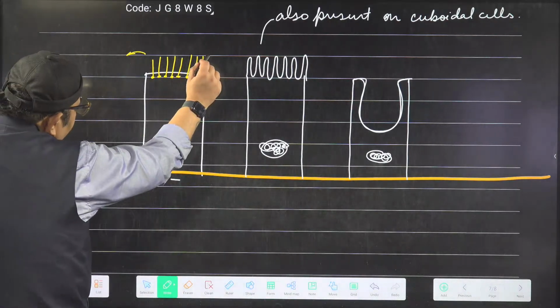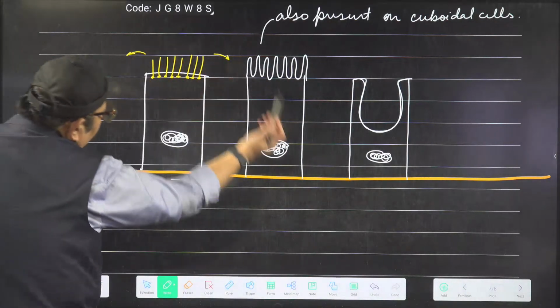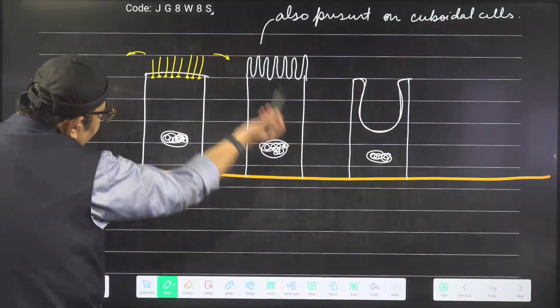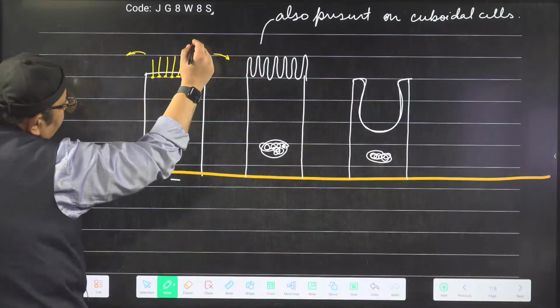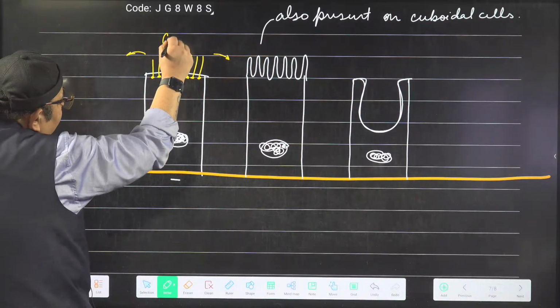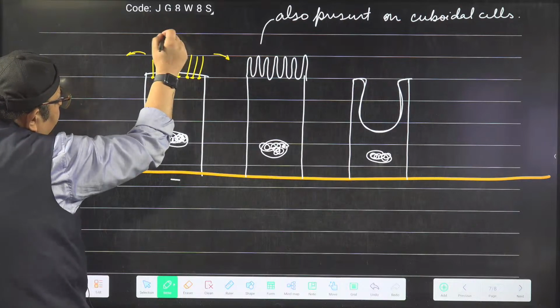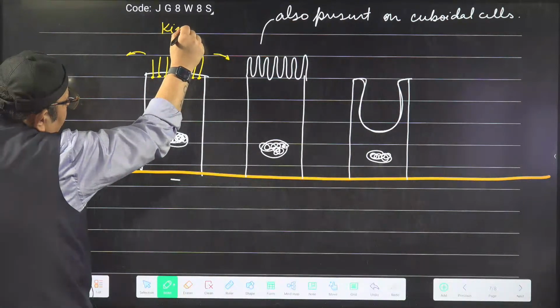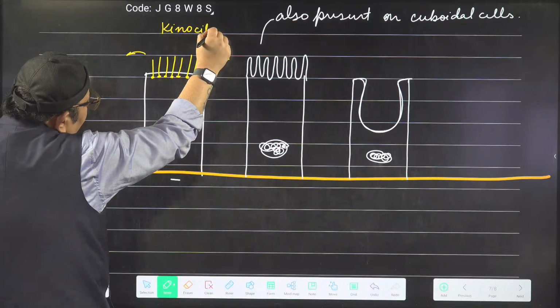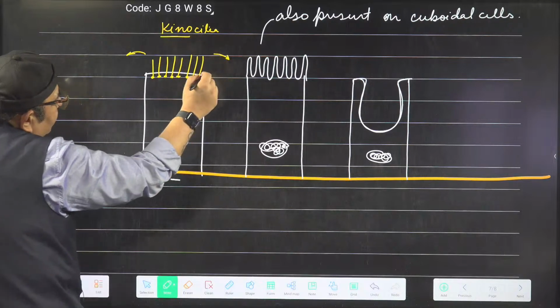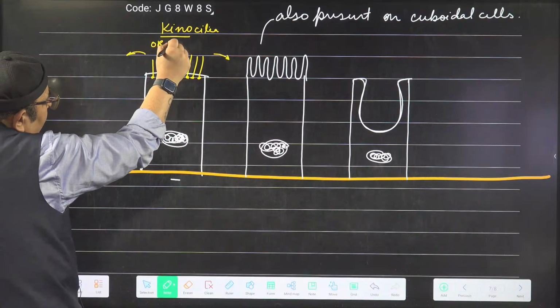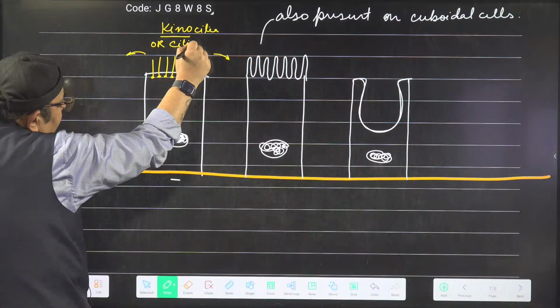It can move in one axis like that. These can move like this, and these are called cilia, or to be precise, kinocilia. Kino means motile, or you can also call them cilia.